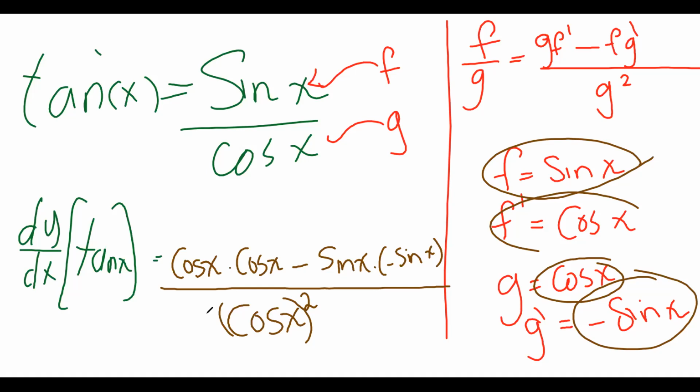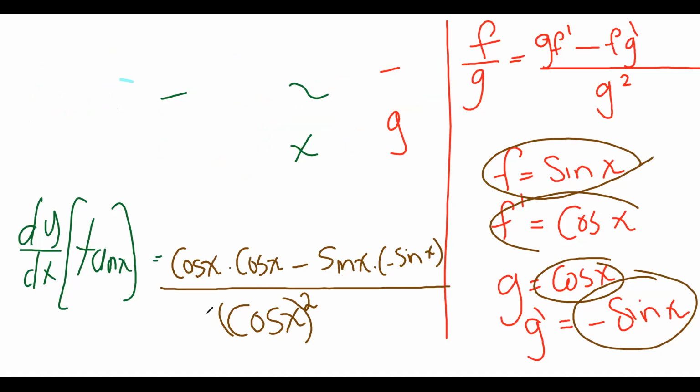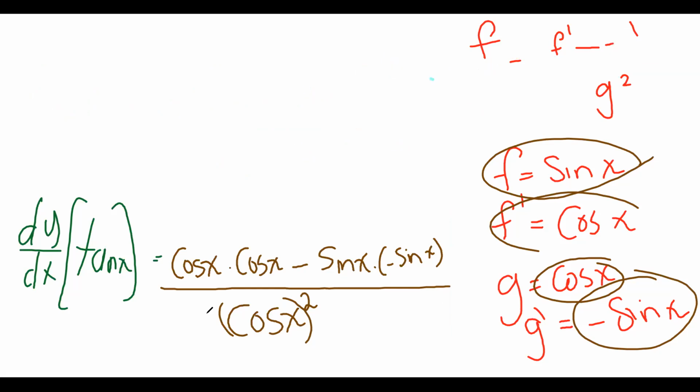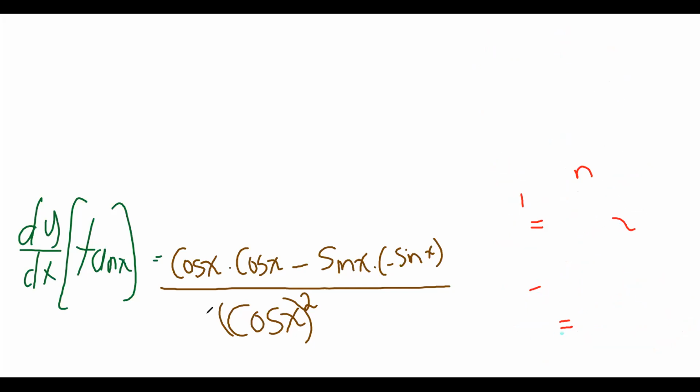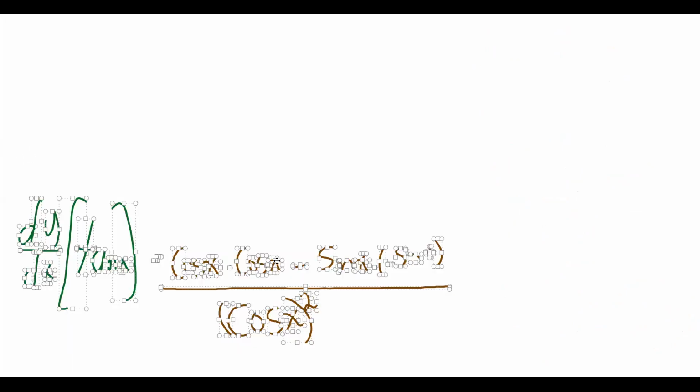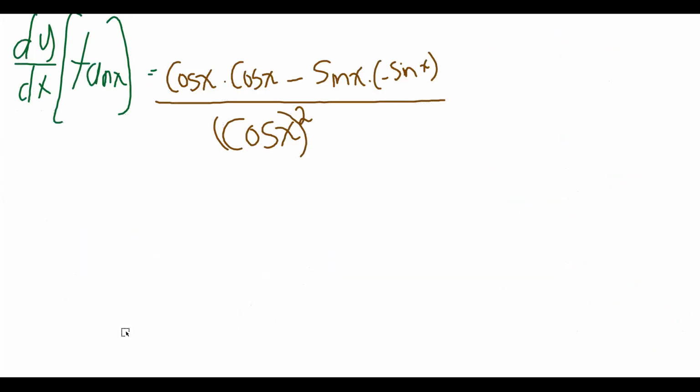Okay. So by now, is it clear from where we bring f and f prime, g and g prime? Then cosine times cosine is what?